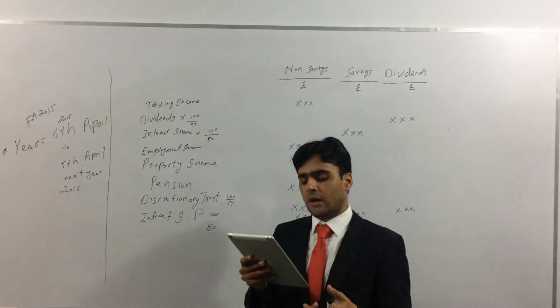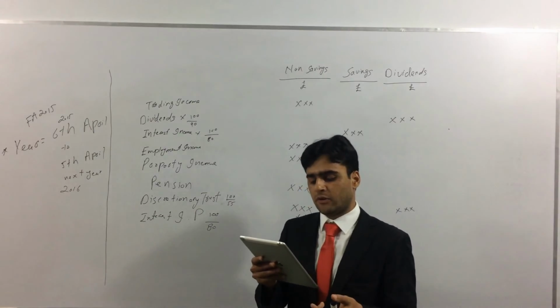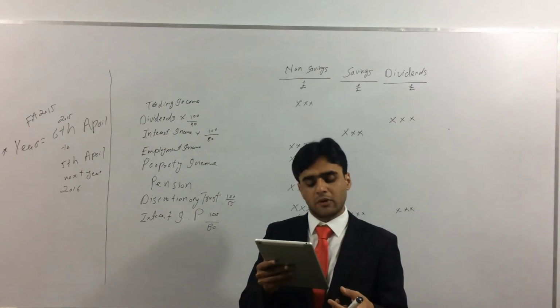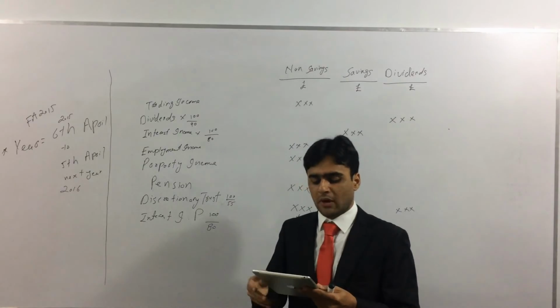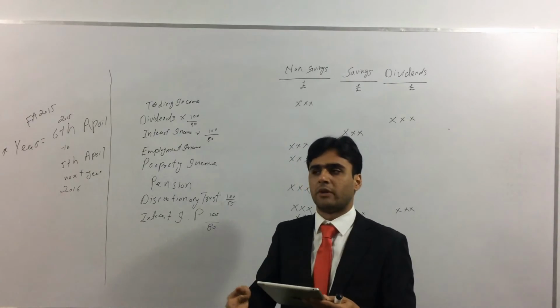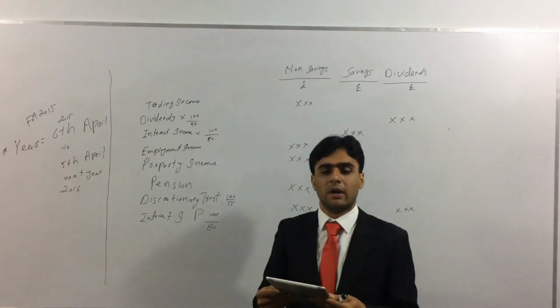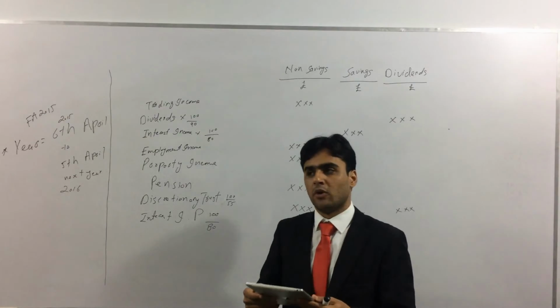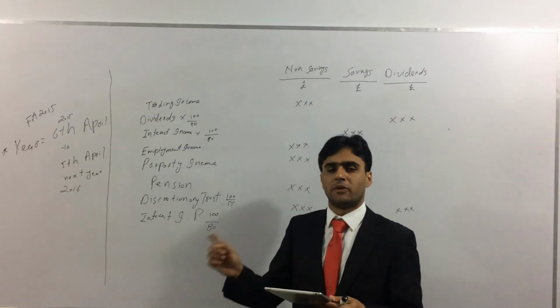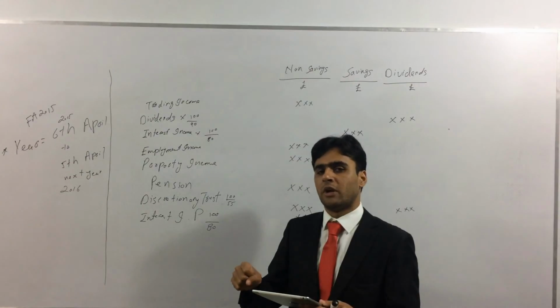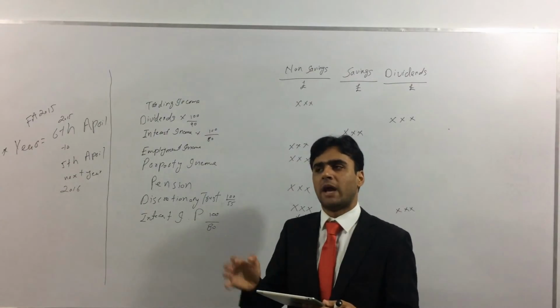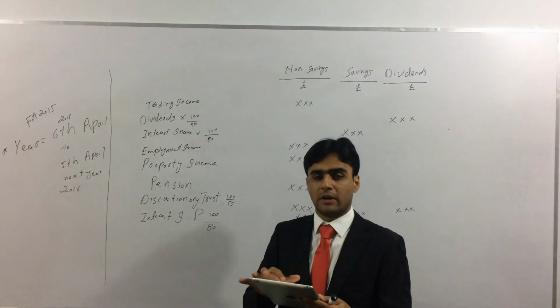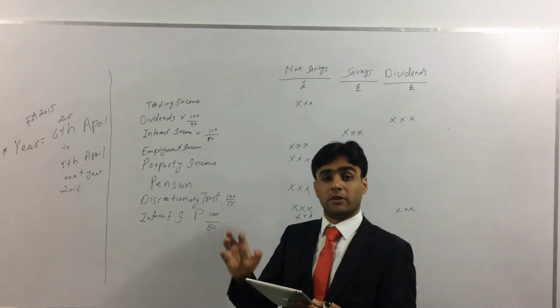If you put some money into the SEIS, which is Seed Enterprise Investment Scheme, then you will get 50% tax reducer. So whatever amount you're putting, say for example, if I'm putting £100,000 into the Seed Enterprise Investment Scheme, I will get 50% tax reducer. So how much amount did I put? £100,000. 50% of that is £50,000. So my tax will be reduced by £50,000.